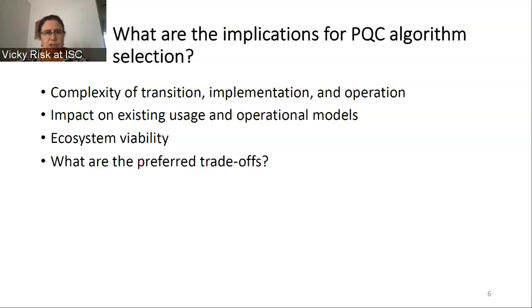I think the next question is about the impact on existing usage and operational models. As it's been mentioned, DNS operators have already adjusted to the elliptic curve algorithms, and I'm sure they will be able to adjust to the post-quantum cryptography algorithms. One concern that I have is that this shift may accelerate the trend towards increased reliance across the DNS ecosystem on the large open resolver sites, such as Google's 8.8.8.8, the Quad9 site, and Cloudflare's 1.1.1.1.